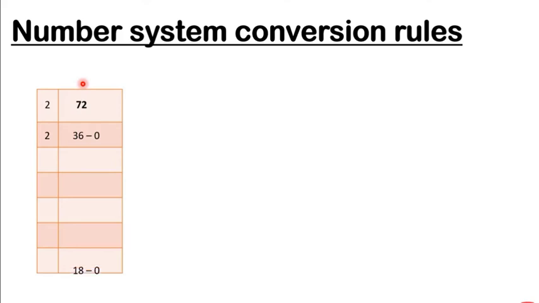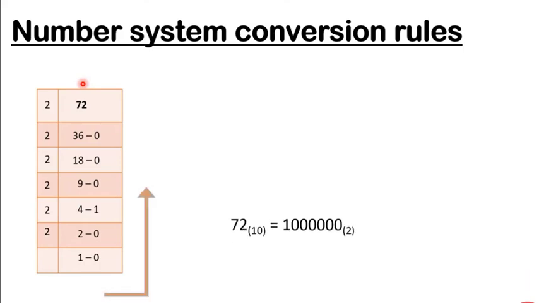Again, we divide by 2 and the result is 18. The remainder is 0. Again by 2, 9, the remainder is 0; 2, and then 4, and the remainder is 1; 2, and then the remainder is 0; 1, and then the remainder is 0.